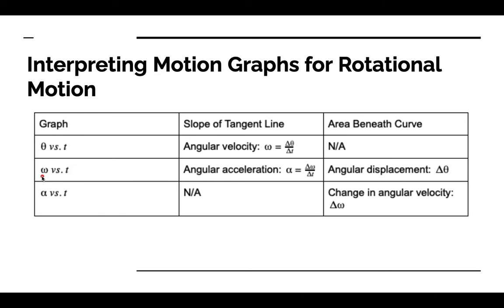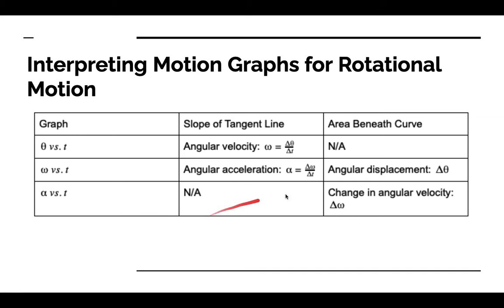Similarly, for an angular velocity versus time graph, the slope is going to give us angular acceleration, as angular acceleration equals change in angular velocity over change in time, just the same way as the slope of a translational velocity versus time graph gave us the translational acceleration.